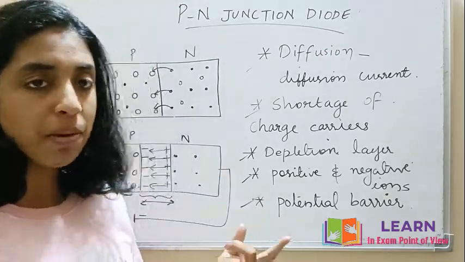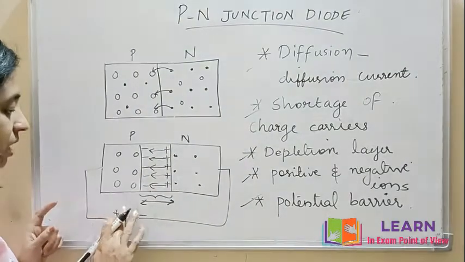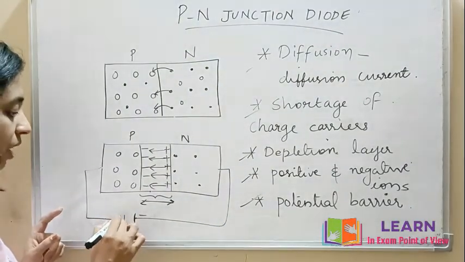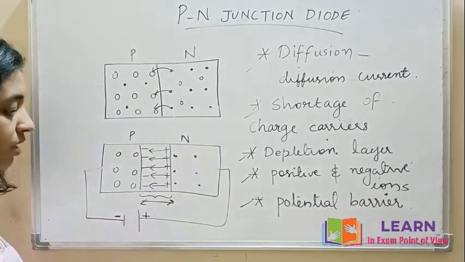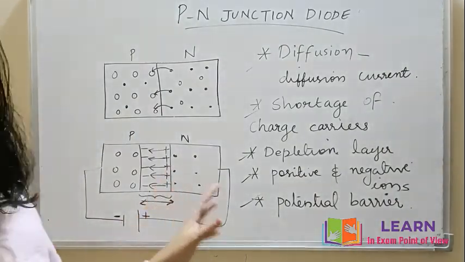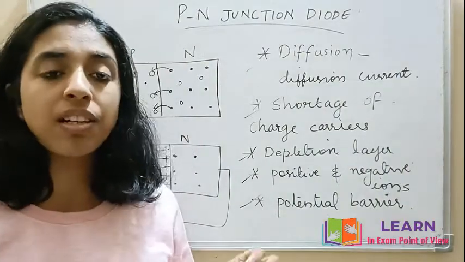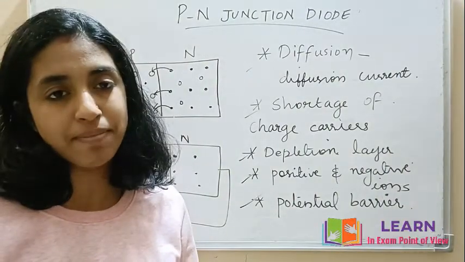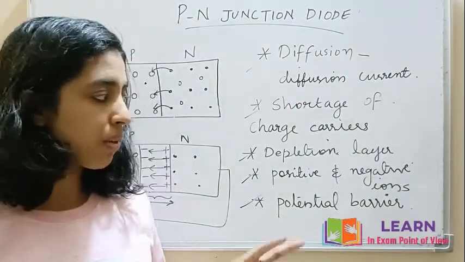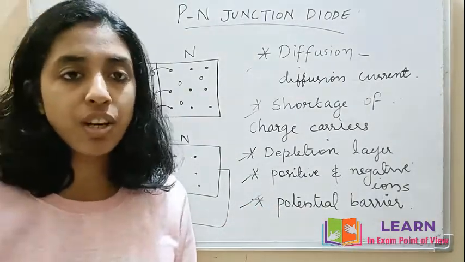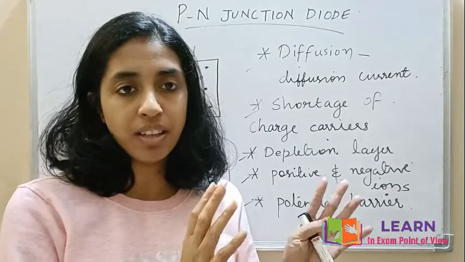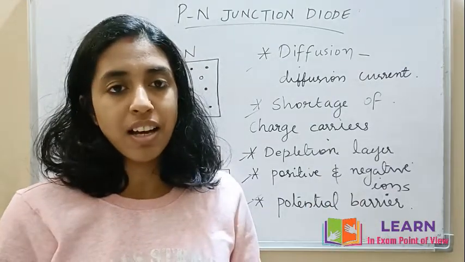Whereas in reverse biasing, the P type is connected to the negative terminal of the battery and the N type to the positive terminal, which is reverse biasing, known as a false connection.